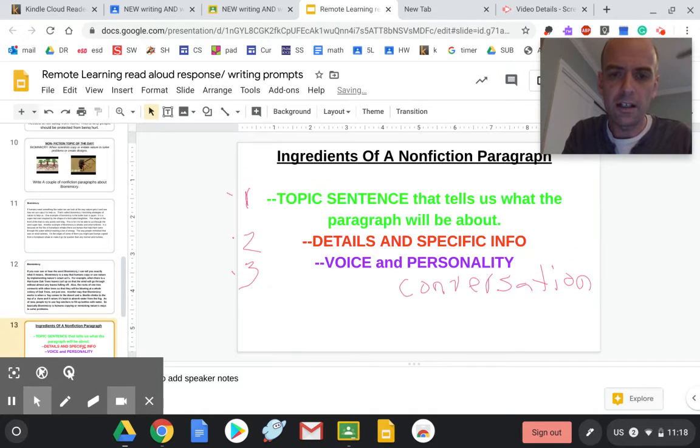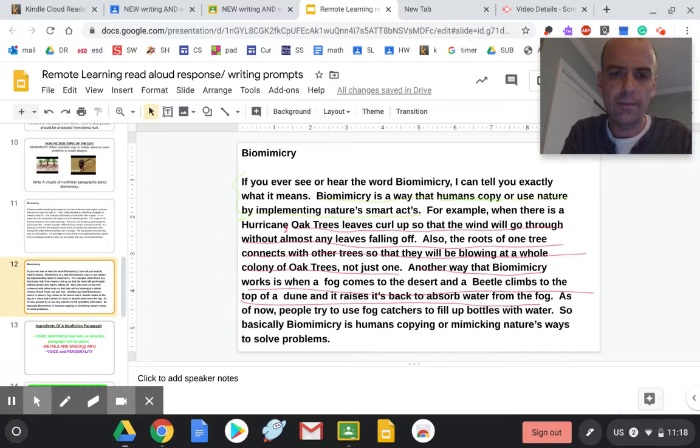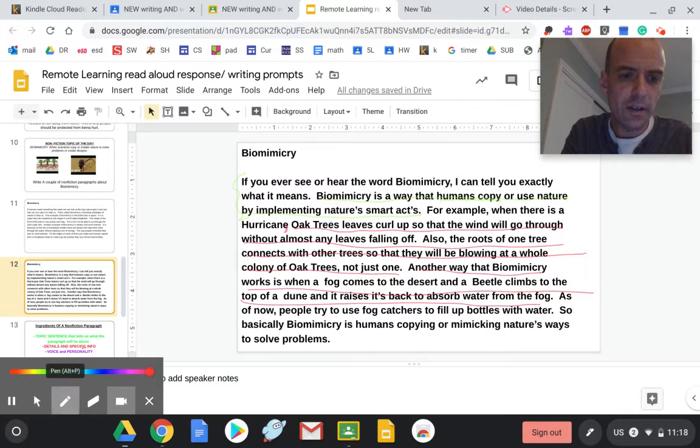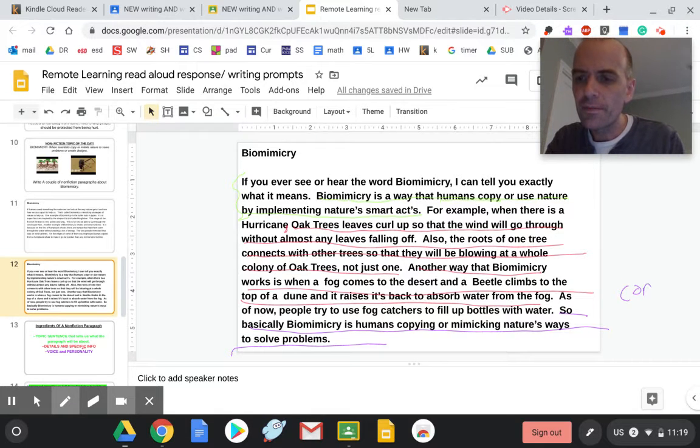So if we look here, our next ingredient is voice and personality. I think we have voice and personality here a little bit. So basically, biomimicry is humans copying or mimicking nature's way to solve problems because it becomes like a conversation, right? They're like talking to us in their language now.